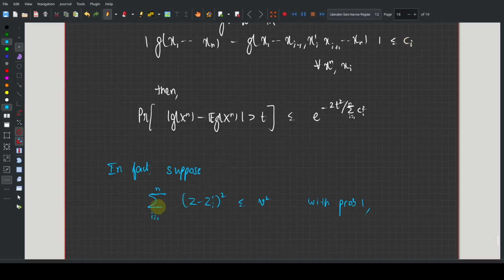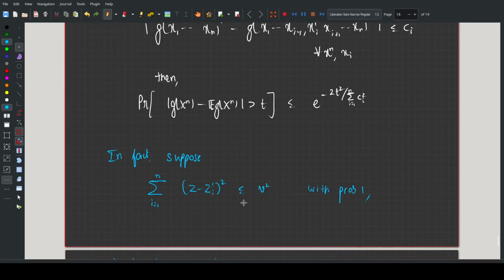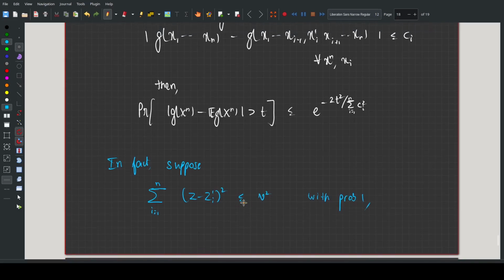Here I'm saying that the summation over i equal to 1 to n of z minus zi prime the whole square is less than or equal to v squared. In particular, it's possible that for some combinations of the xi's you have small deviations, but for some other xj the deviation is large. But overall, when summed over all of them, the deviation is bounded by some v squared.